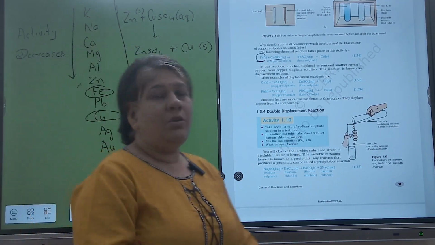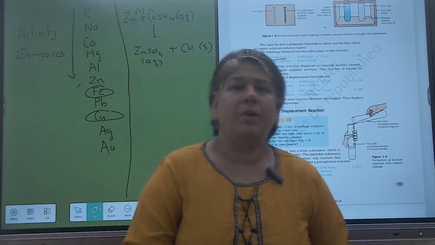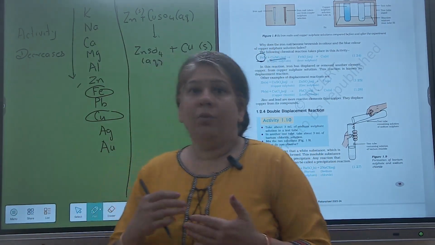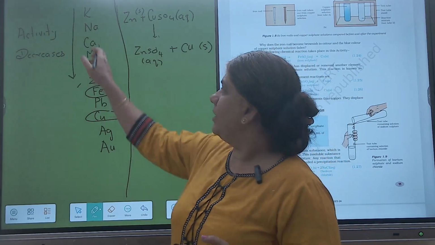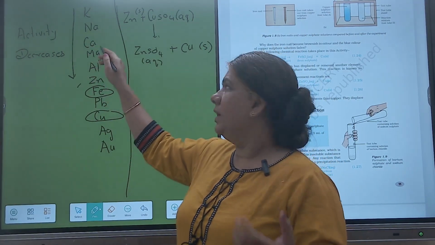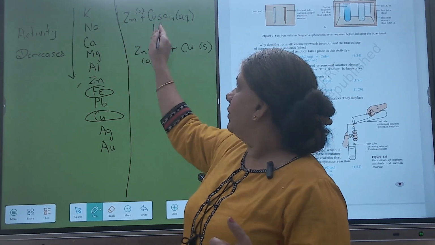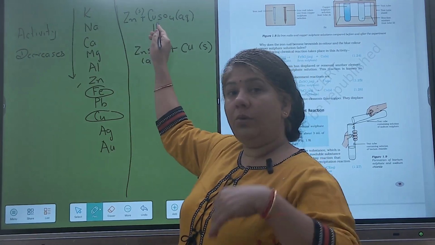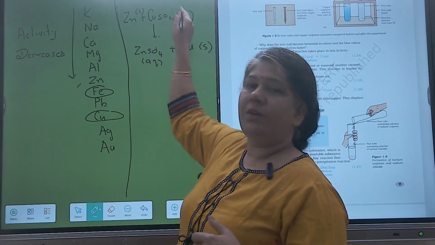The easy way to remember it is this: whichever metal is above in the activity series will be more dominant, more powerful, so it will remove the metal which is lower in the activity series from its solution.